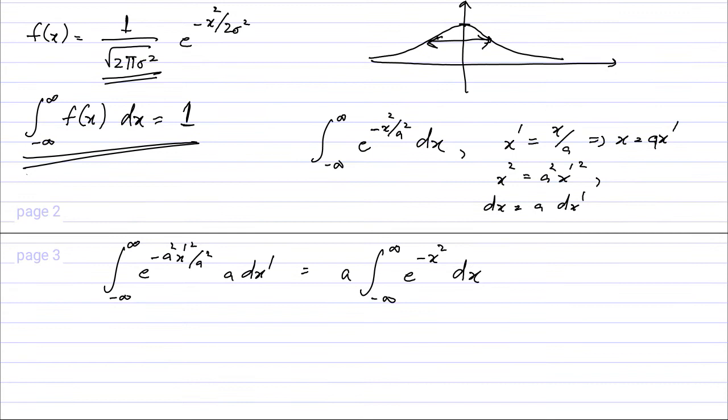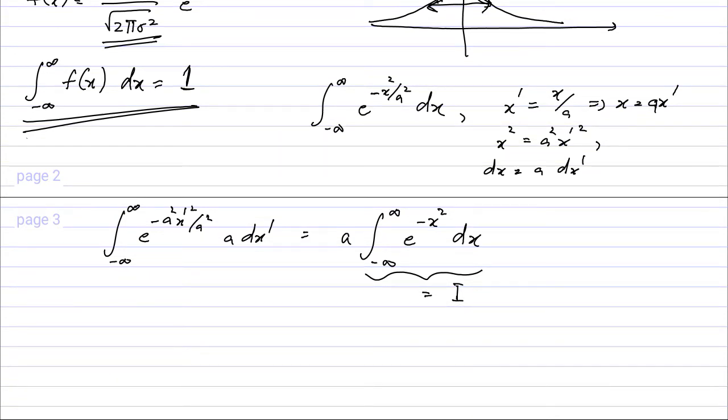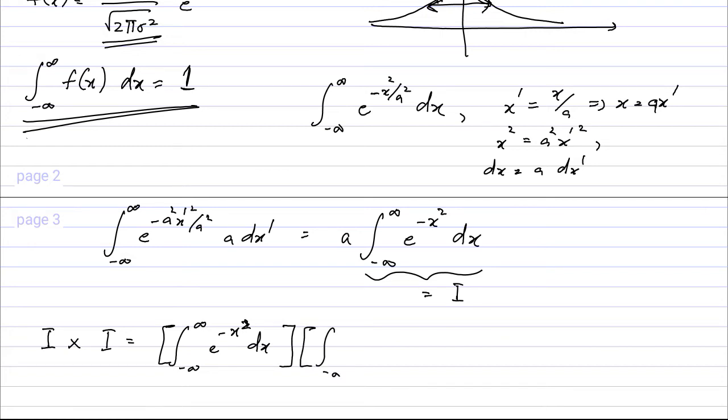Now to do this integral, you say that this integral is equal to I. The trick now is to write two copies of this integral. So write I multiplied by I: minus infinity to infinity e raised to power minus x square dx, and then minus infinity to infinity. I'll use some other variable, let's just use y, for the dummy integration variable over here.